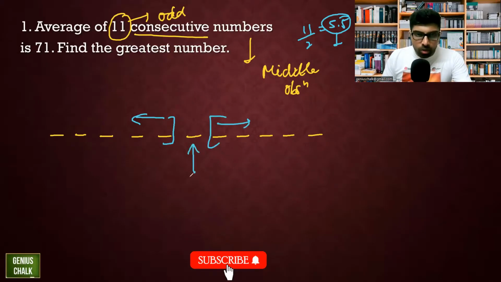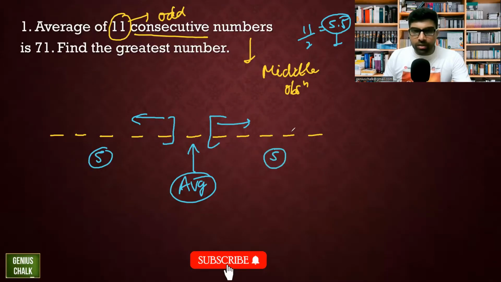This middle value, guys, has to be my average. This is the concept, because these 5 values I have left on the left side, these 5 values I have left on the right side. This middle value must be my average as per the concept of consecutive numbers. This rule will be applicable for consecutive numbers, or odd numbers or even numbers as well.